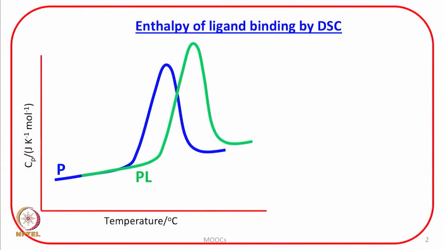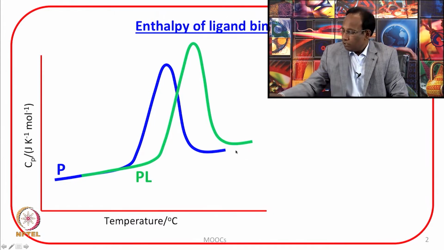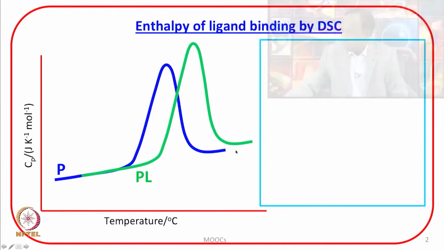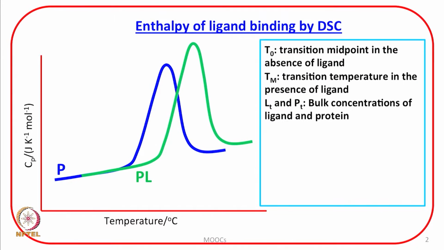So, what we discussed was that we should thermally unfold a protein as well as thermally unfold the protein ligand complex by the use of differential scanning calorimetry and obtain various thermodynamic parameters such as transition midpoint in the absence of ligand, transition temperature in the presence of ligand, total ligand and total protein concentrations that we already know.